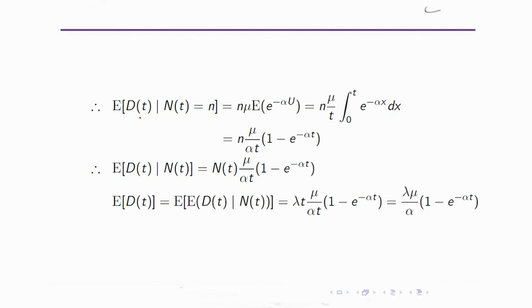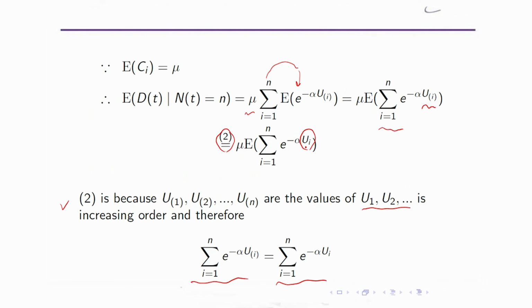So the expectation of Dt conditional on Nt equal to n is equal to mu times the summation of the expectation of e to the power of minus alpha U. I use U because this Ui is a uniform random variable, IID, so I can just use U to represent a uniform random variable.